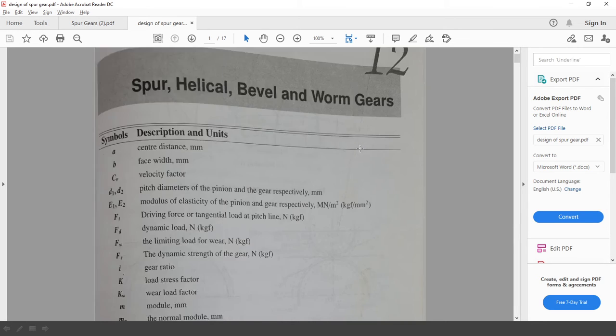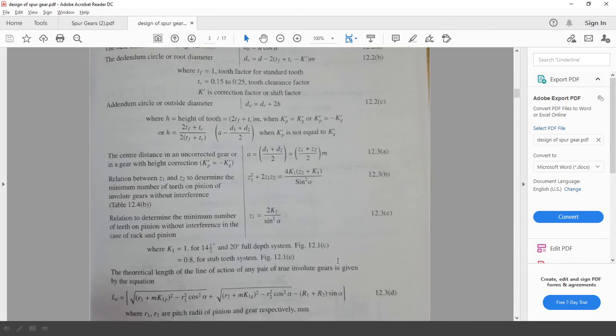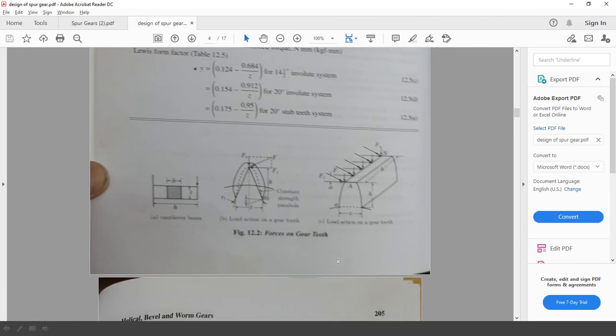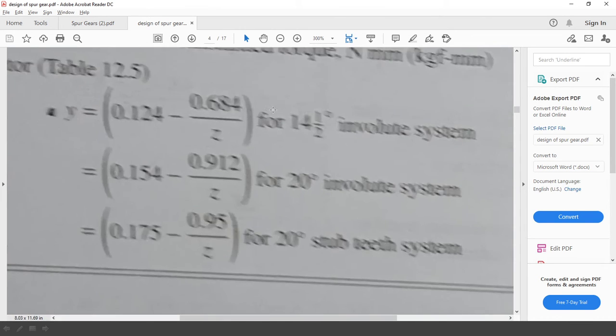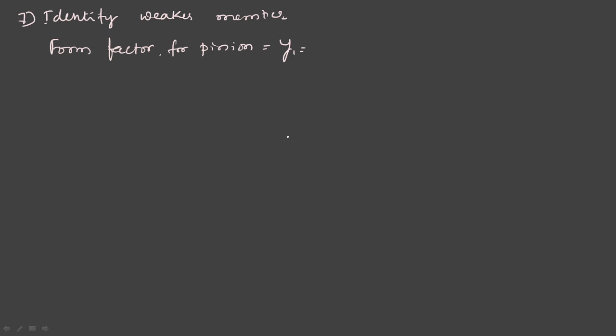Let us go for the equation for the 14.5 degree profile: 0.124 minus 0.618 divided by Z1.